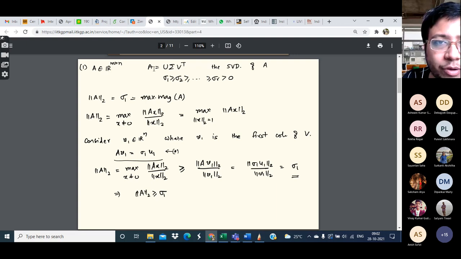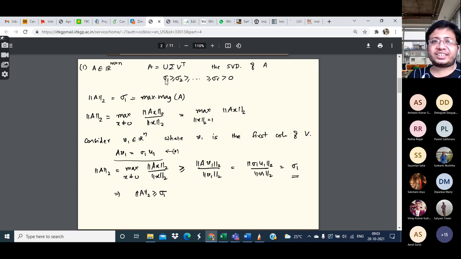We write it in this form: A is equal to U sigma V transpose, where U, as we know, is an orthonormal matrix whose columns are the left singular vectors of A. V is another orthonormal matrix whose columns are the right singular vectors of A, and sigma is a diagonal matrix whose non-zero diagonal entries are the singular values of A. From top to bottom, they are numbered as the first singular value sigma 1, the second singular value sigma 2, etc.